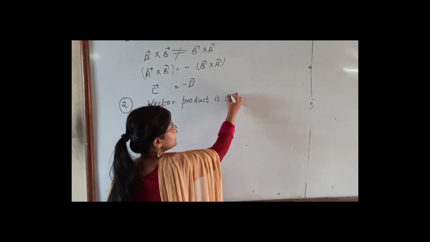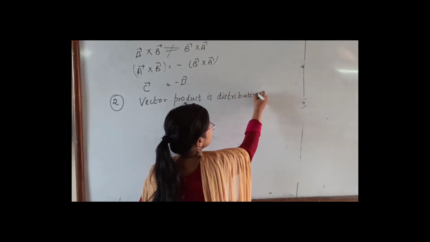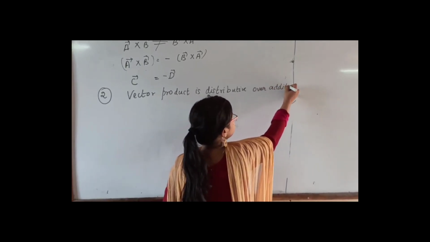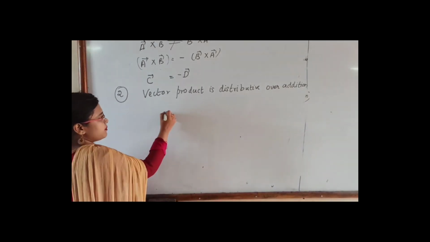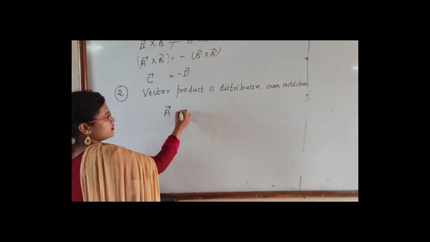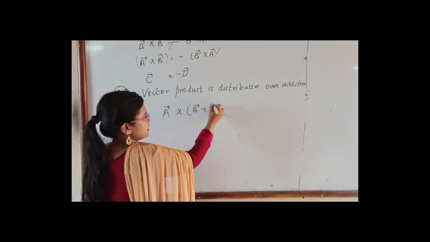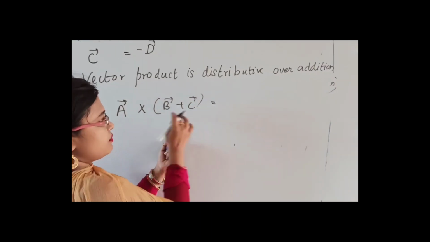Now let's go into the second property, that the vector product is distributive over addition. That is, if I wish to multiply a vector A cross B plus C, it is distributive over addition.